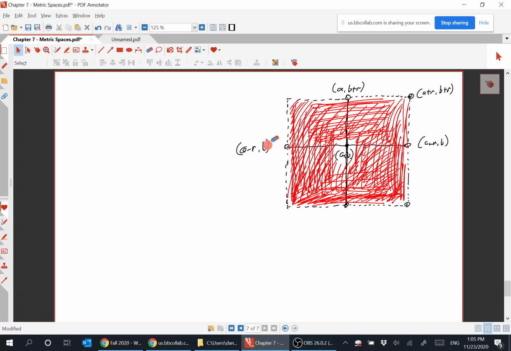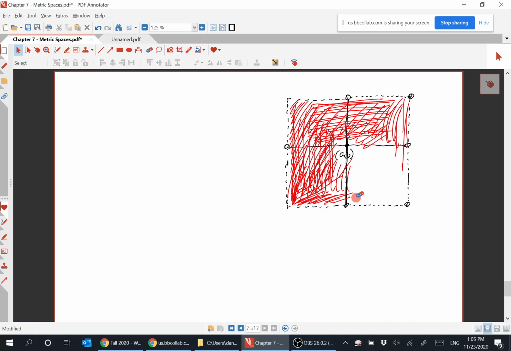Here. So that's the open ball with the max metric.